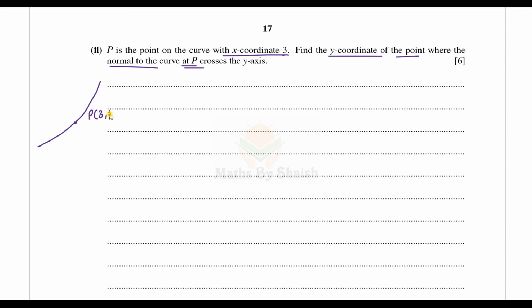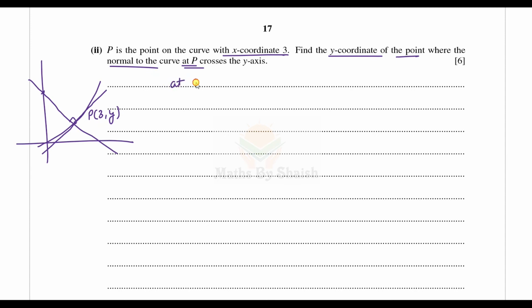If we draw the tangent and then the normal at this point, we need the y value where the normal crosses the y-axis. First we'll find the y value at P, then the gradient of the tangent, then the equation of the normal, and then see where it intersects the y-axis, that is x equal to 0.